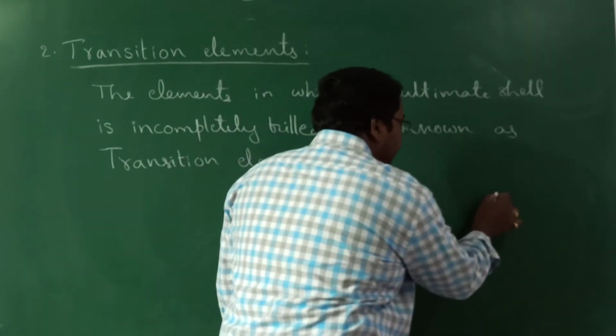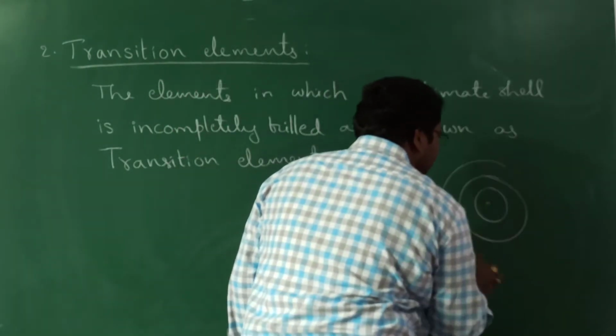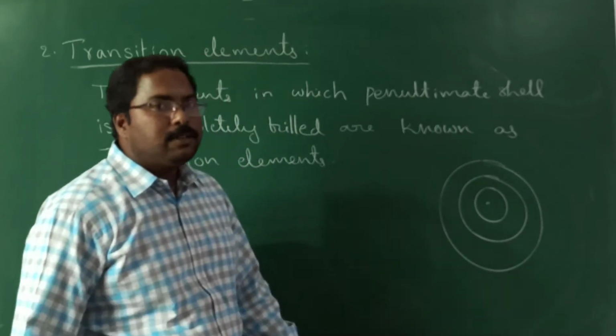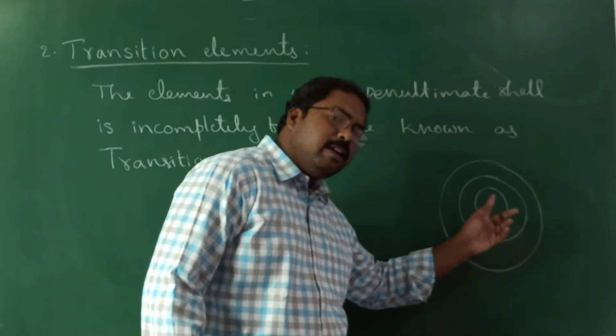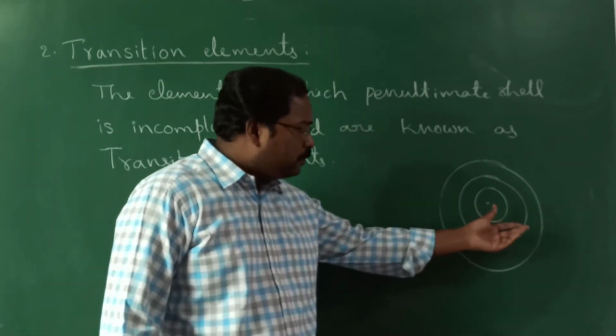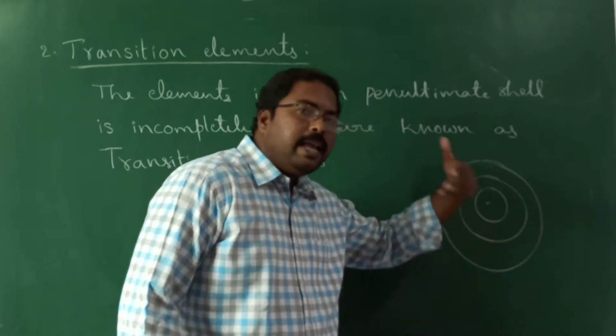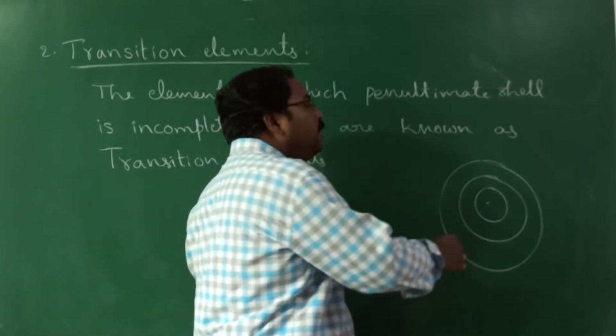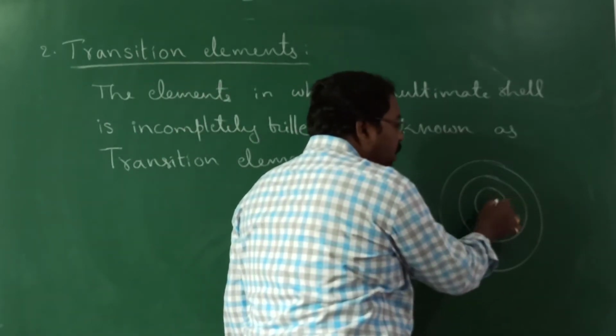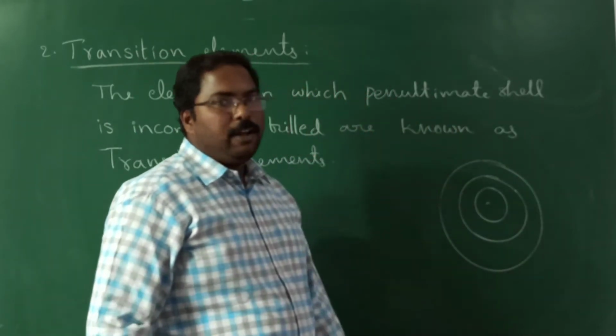Because according to Aufbau, generally we know the electrons will enter the orbit with the lower energy, and we know that as we move away, the energy of the orbits is increasing. So before going to the third orbit, the electrons will first enter the second orbit, right?